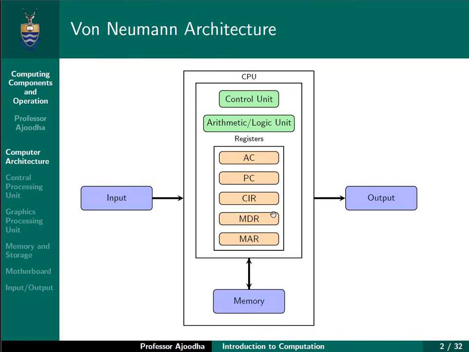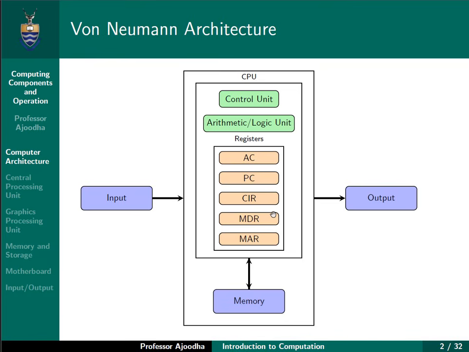What is the purpose of the accumulator? It just temporarily stores data from operations. We also have the program counter, which keeps track of the next instruction to execute. We have the memory address register, which is the MAR, which holds the address of the memory locations being accessed. Then we have the memory data register, which is the MDR, which contains the data being transferred to and from memory.